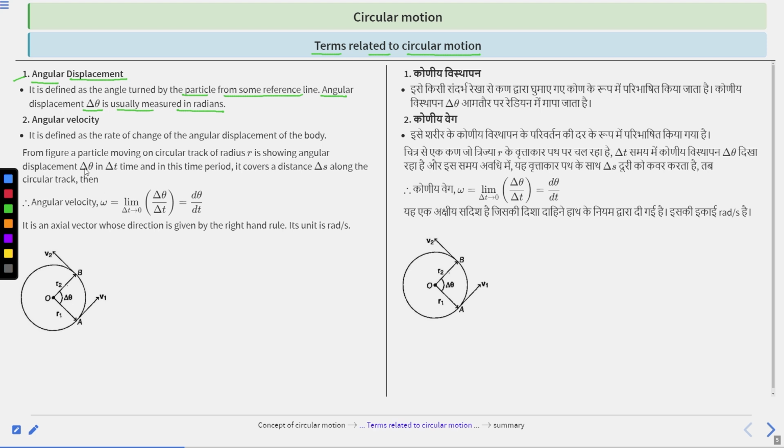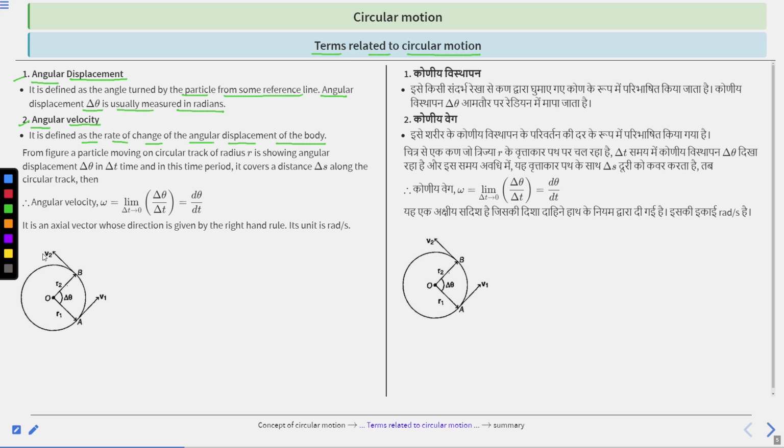Clear? Second term is angular velocity. It is defined as the rate of change of angular displacement of the body. Clear?